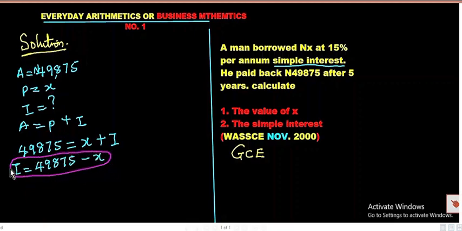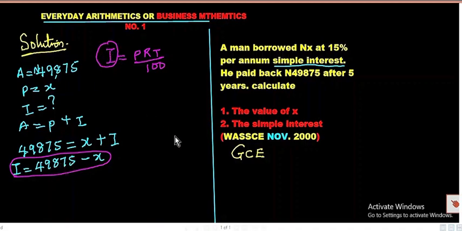All right, but remember this: interest is given as principal times rate and time, all divided by 100. So this is the formula for interest. I am going to substitute 49875 minus the principal in place of interest.